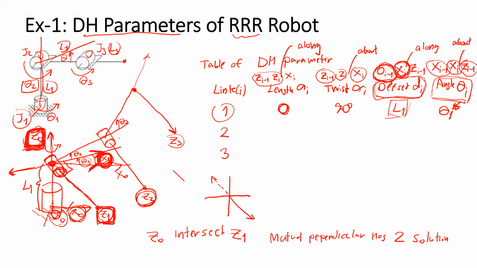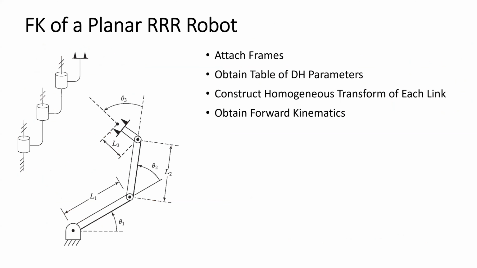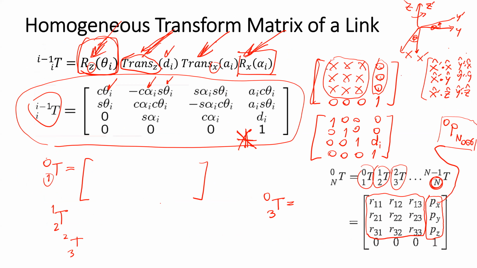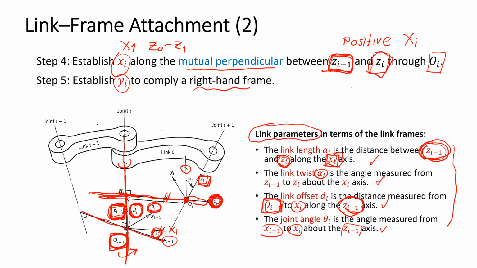X2 should be the mutual perpendicular between Z1 and Z2, right?